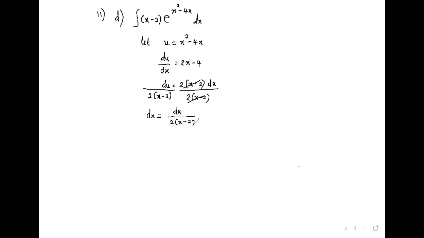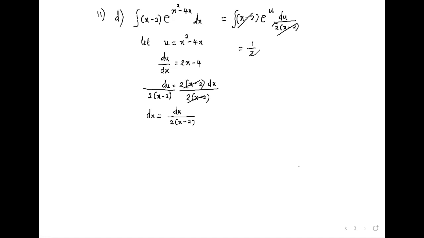Now we go back and do the substitution. So we leave x minus 2 here, and e, its power has been called u. And the dx is now du over 2 times x minus 2. So this part and this part can cancel. And so when that happens, we'll now have 1 over 2.